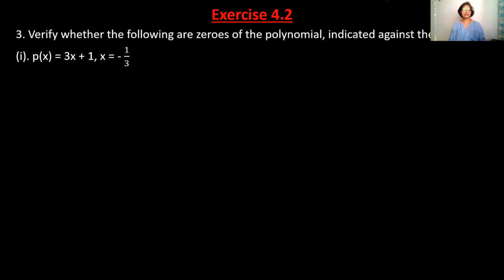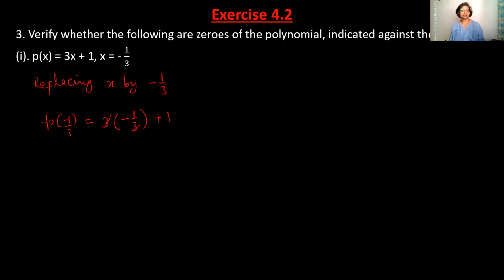So your first part is P(x) equals 3x plus 1, where x equals minus 1 by 3. So we have to replace x by minus 1 by 3. What will happen? P(minus 1 by 3) equals 3 into minus 1 by 3 plus 1.